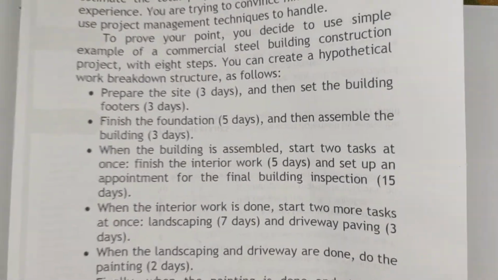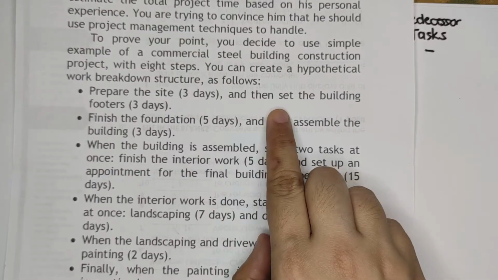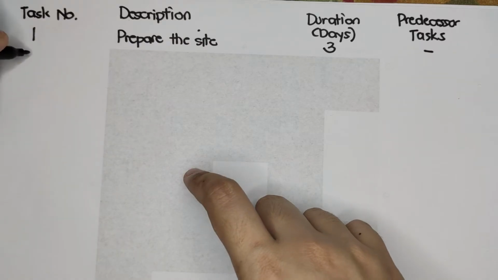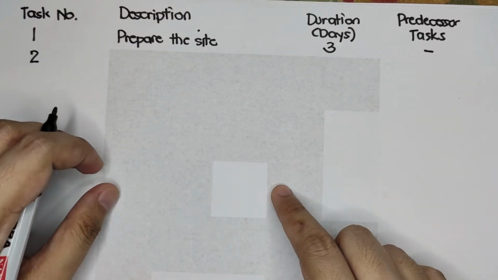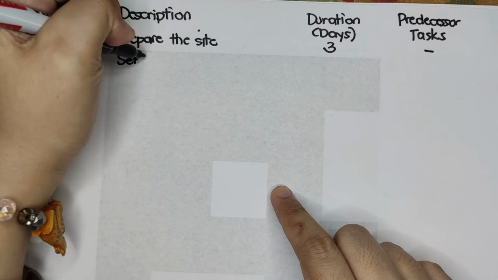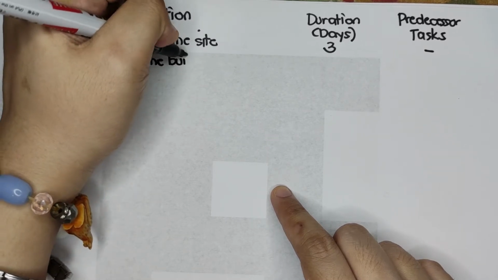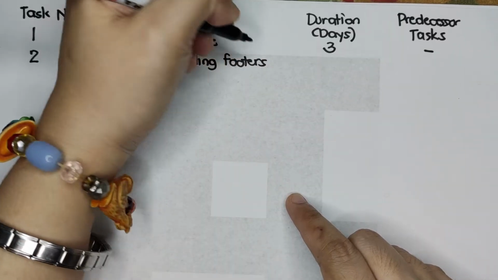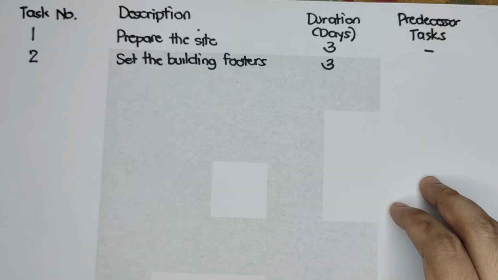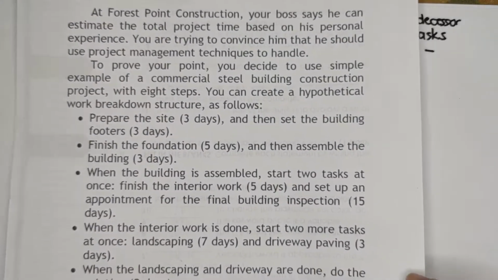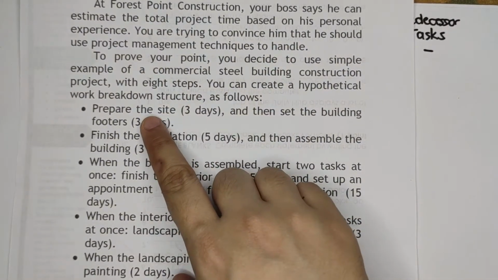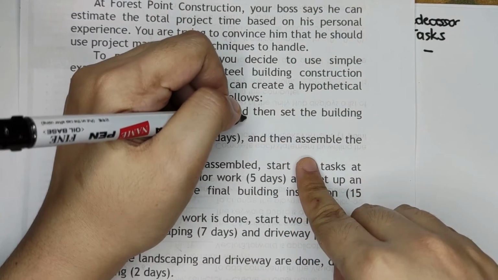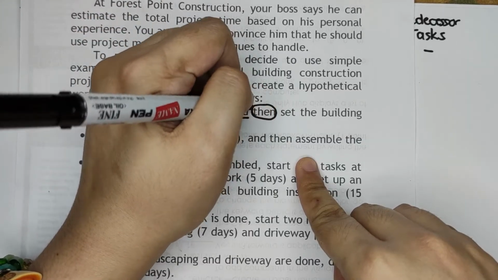Next, we have set the building footers, which is 3 days. That will be task number 2. Set the building footers, duration is also 3 days. Let's get back to the problem. What is the relationship of task number 1, prepare the site, and set the building footers? You could see the word then.